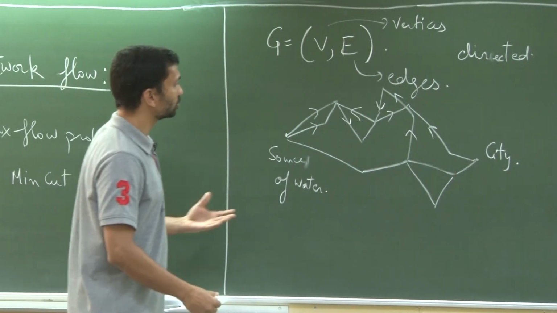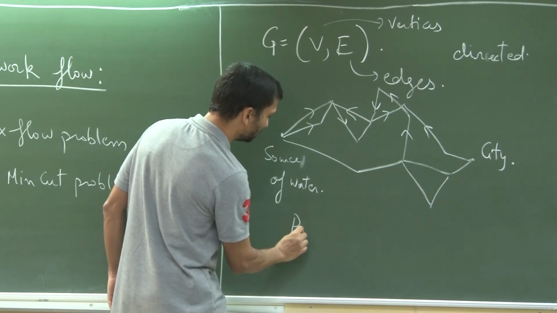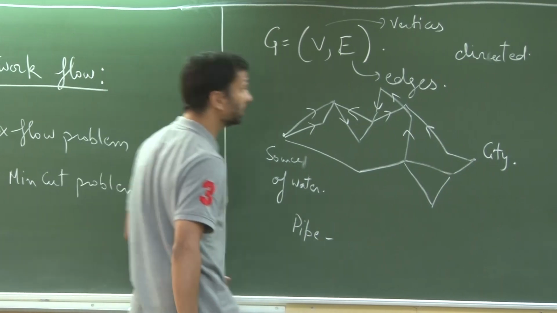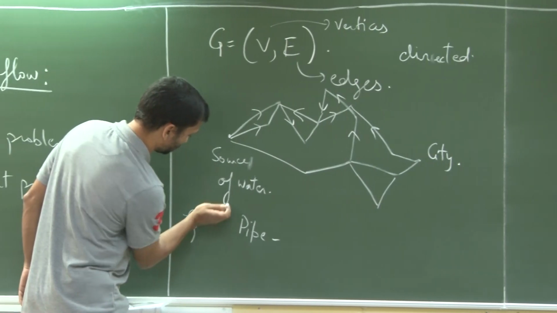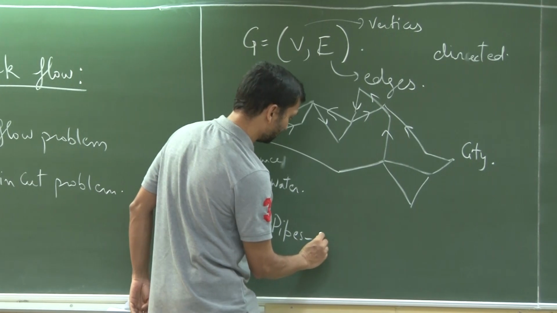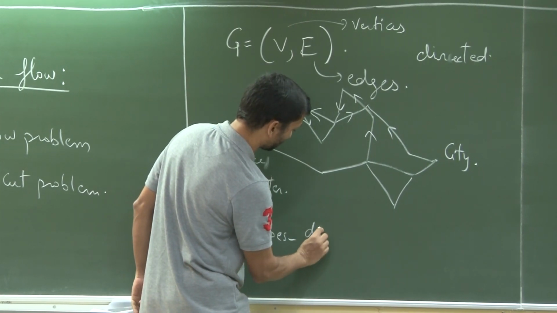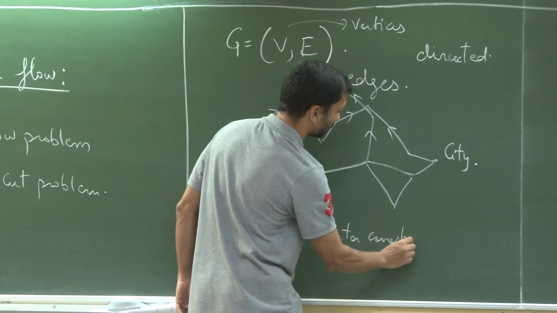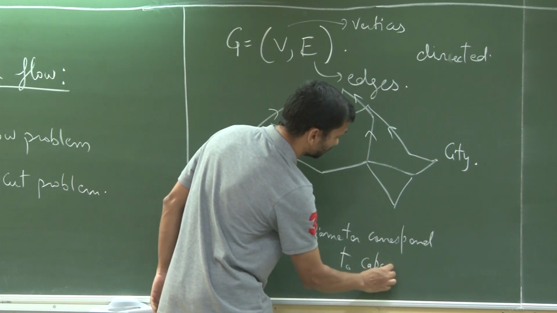Obviously, each of these pipes has a diameter. The edges correspond to pipes, and the diameter corresponds to some kind of capacity, right?